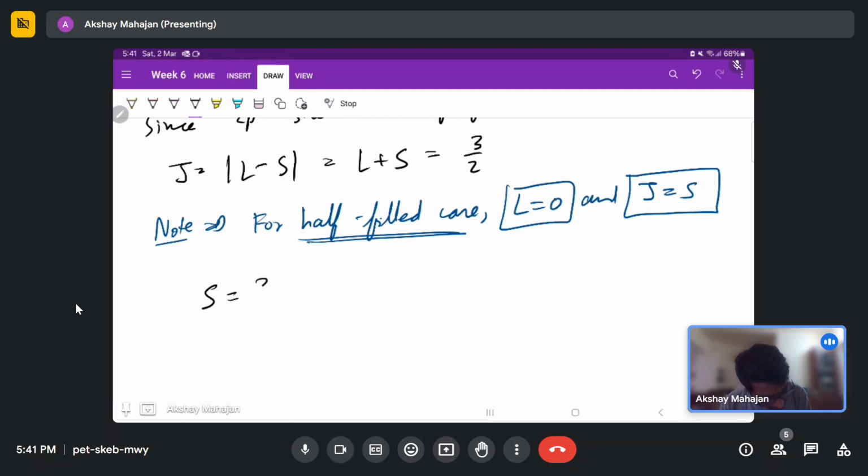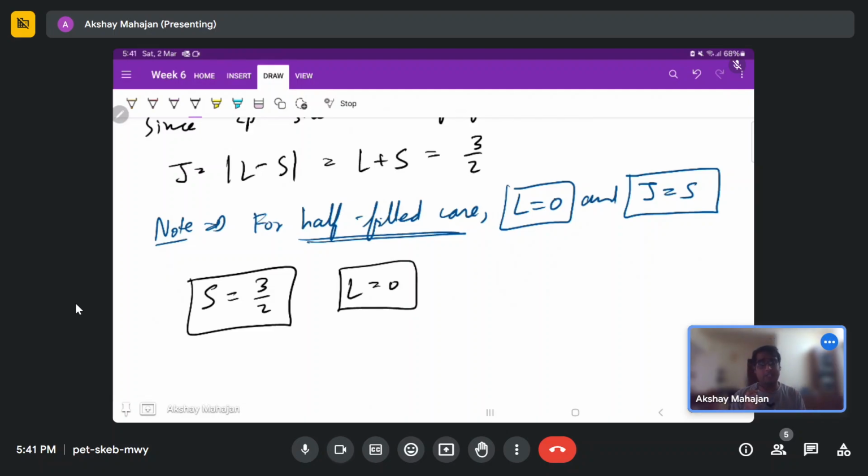If you are not given anything about the atom and are just given that S is 3 by 2 and it is half filled, then you don't need anything else. You know capital L is going to be 0 and J is going to be equal to S. So there is no need for any calculation. J will be just S in the half filled case.